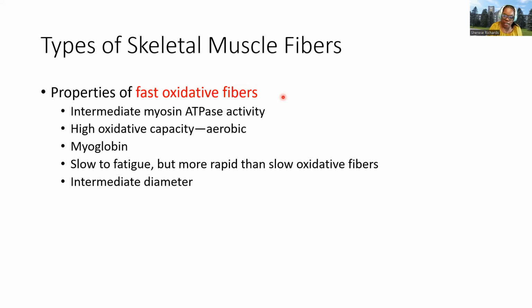So they are slow to fatigue, but more rapidly than the slow oxidative fibers, and not as fast as the fast glycolytic fibers. And then the diameter is also going to be somewhere in the middle in terms of not as small as slow oxidative and not as big as fast glycolytic.